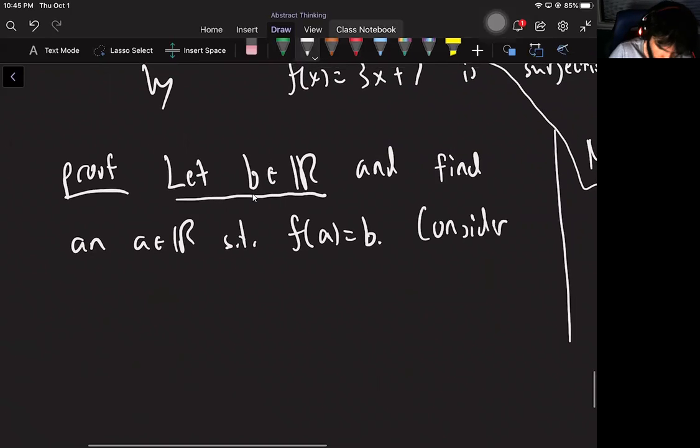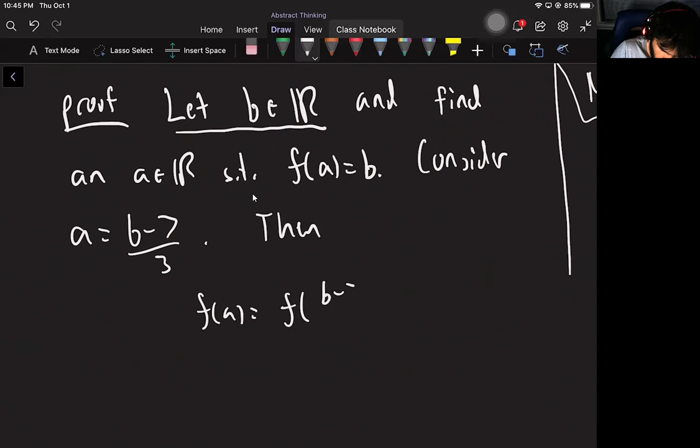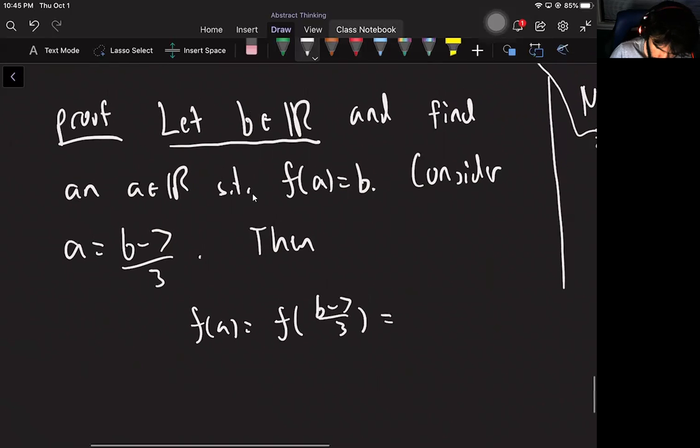and then in the proof, it's magic. So you just say, consider this, and then you show that it works. Then f of A equals f of B minus 7 over 3. And now I actually use what f is.